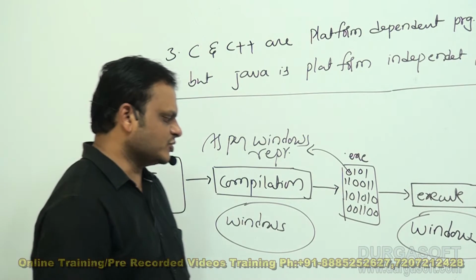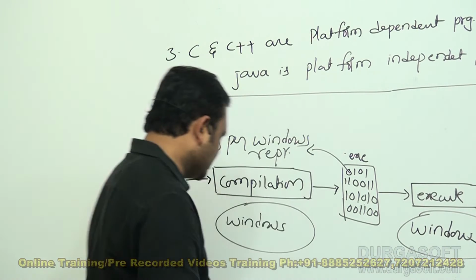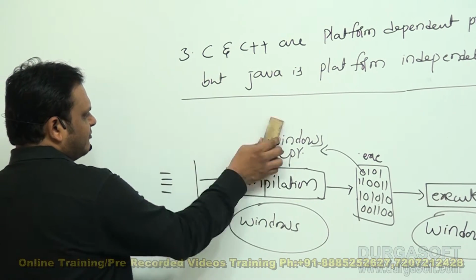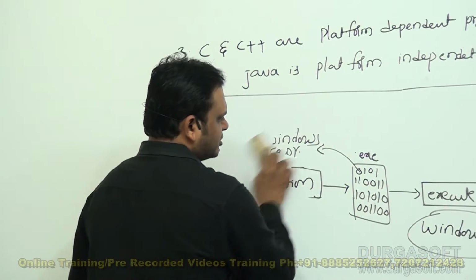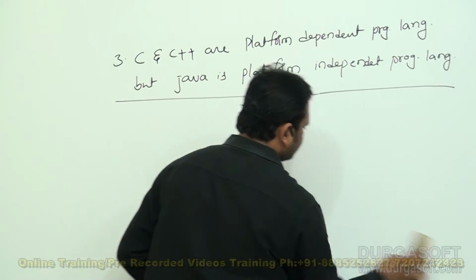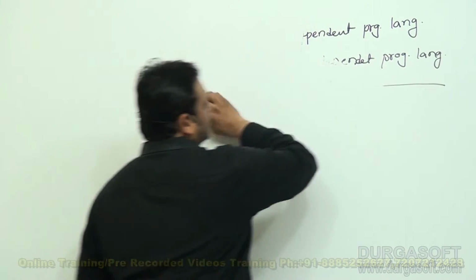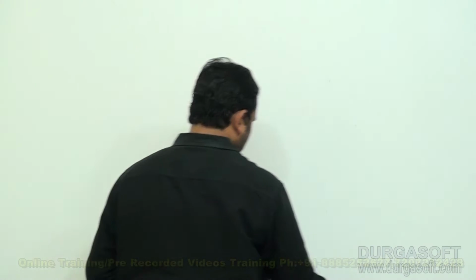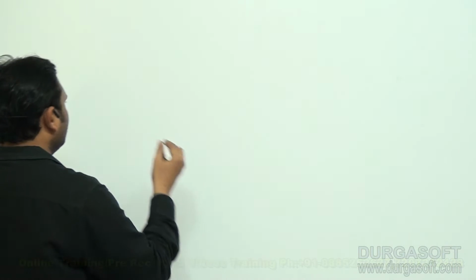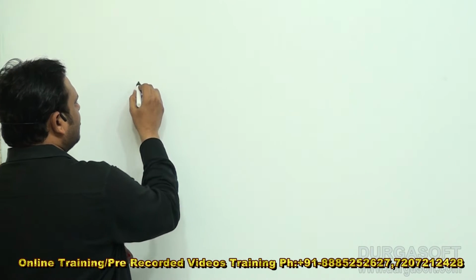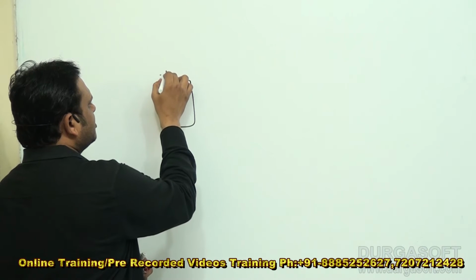But how can we prove this one? How can we say Java is a platform independent programming language? I will give one small representation, try to understand it. For example, I will take a Java program. This is our .java.